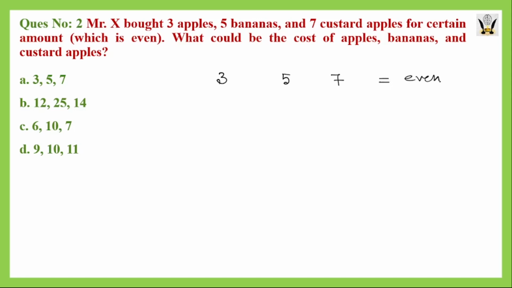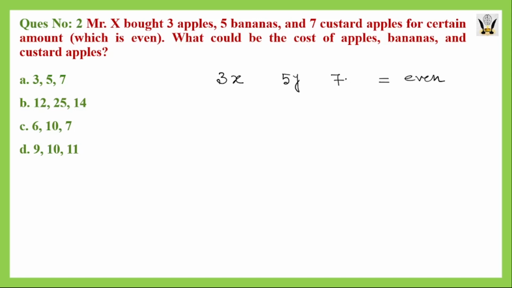Now the total cost of these fruits will be even in nature. If we assume that each apple costs x rupees, then he bought 3 apples, so the total amount that he paid for apples will be 3x. If the cost of each banana is y, and total bananas that he bought was 5, then 5y will be the total amount he paid for bananas.